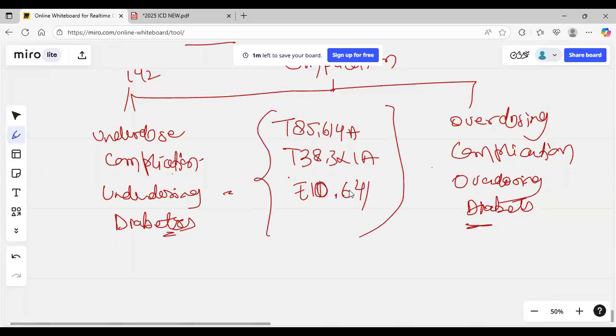So whenever a patient has a complication in the insulin pump, and due to that, if the patient has an underdosing or overdosing of the insulin, in that case, you have to use three codes. Your first code will be complication, followed by the underdosing and overdosing, and at the end, you have to use a code for the diabetes. Any questions so far? Jamil, are you able to know why we have to use the E10 code instead of the E13?